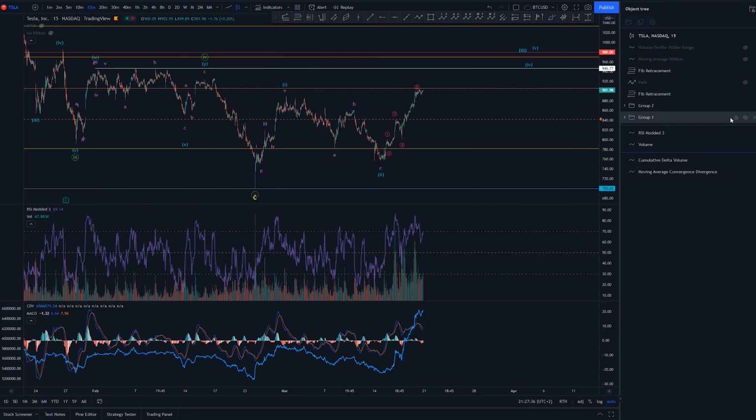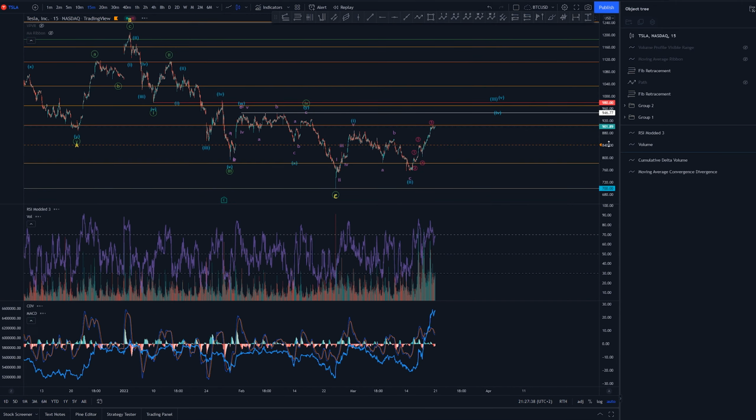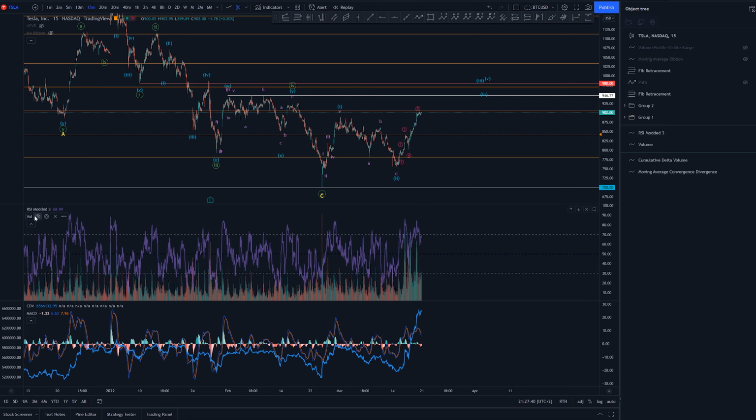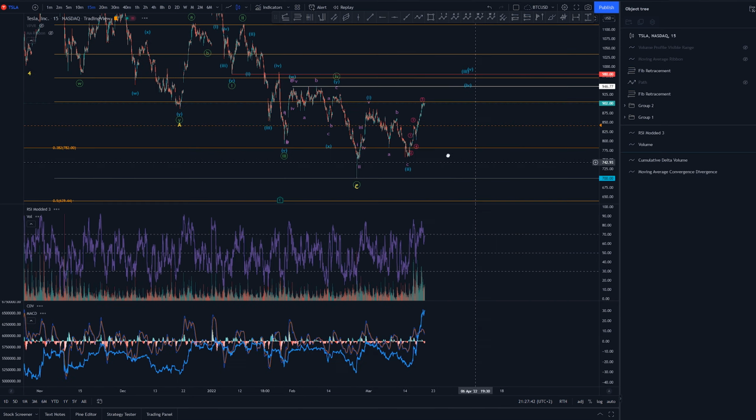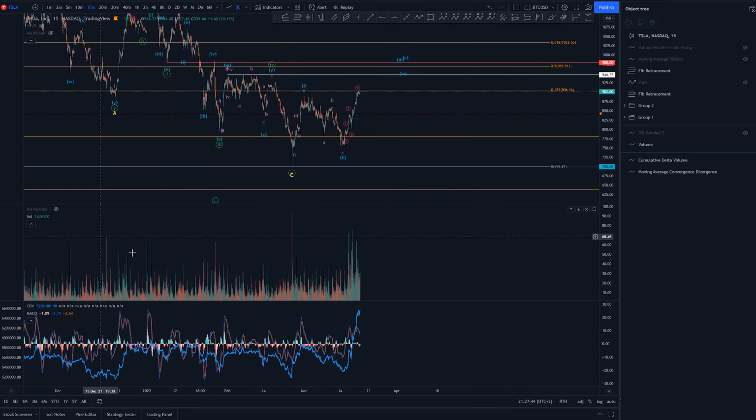Now let's look into this count a bit deeper. Let me check out the volume first here. So volume again, the highest peak here, volume ending of the C wave, or the start basically of this so-called impulse wave or motive wave.